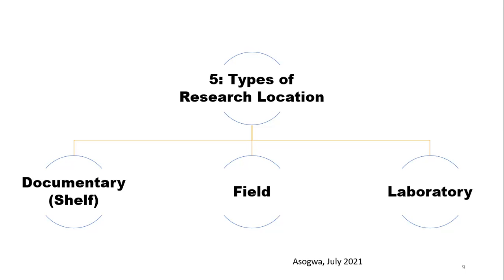That is field. There is no manipulation of variables here. They are observed naturally the way they are in their settings. Then we have the laboratory research. These are research that are carried out in the laboratory in a confinement, in a confined area where some conditions are controlled, in a controlled environment.